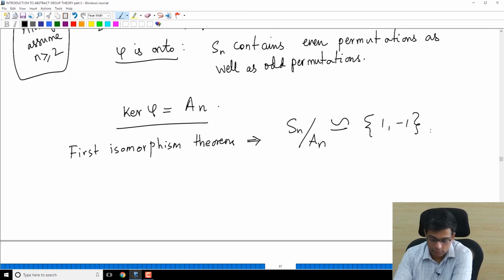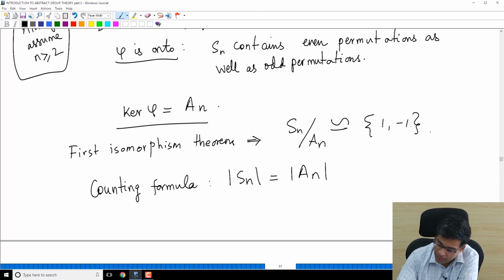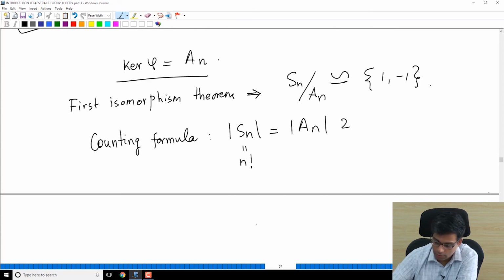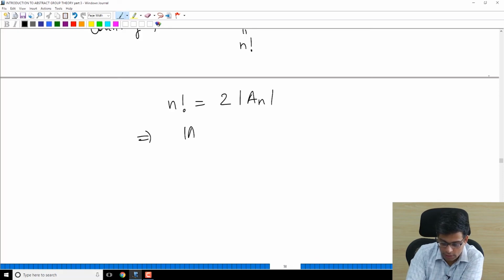So in particular, from the counting formula, cardinality of Sn is equal to cardinality of An times cardinality of this group, which is 2. Okay, and we know this is n factorial. So we have n factorial equals 2 times cardinality of An. So this implies cardinality of An is n factorial by 2.